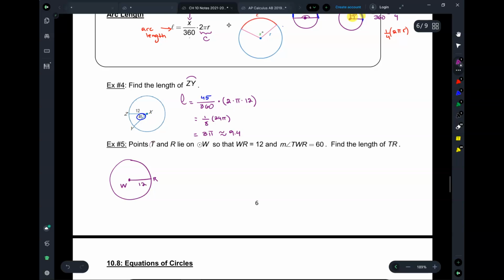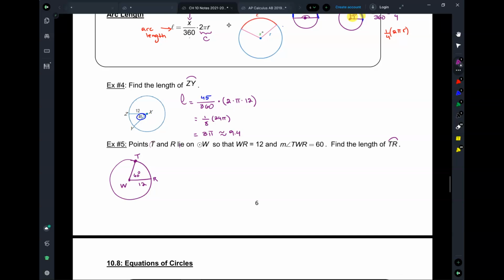And remember, it says T and R lie on the circle. Measure of angle TWR is 60 degrees. Find the length of arc TR.